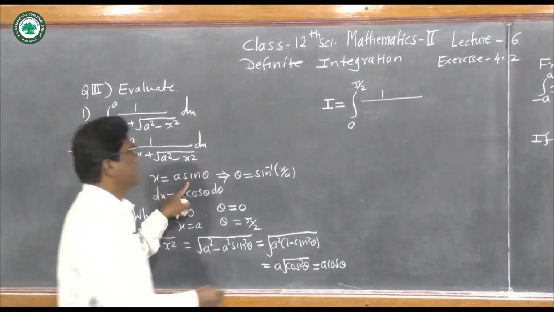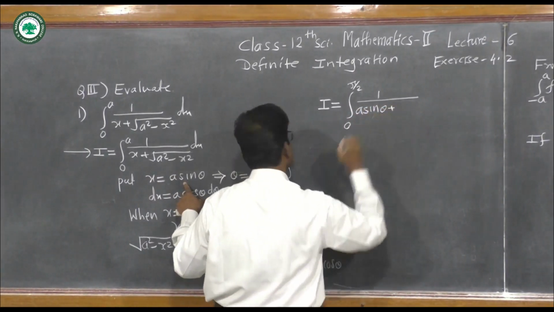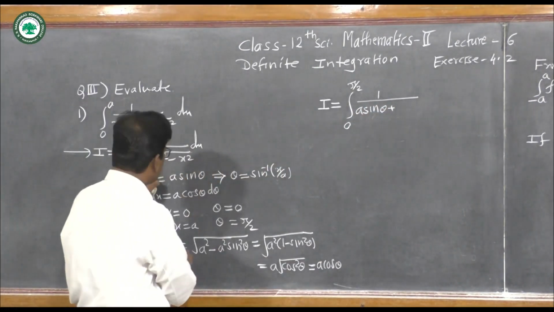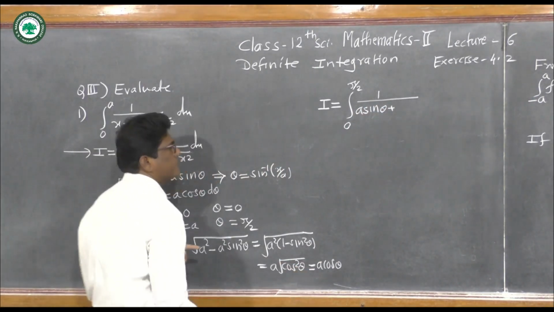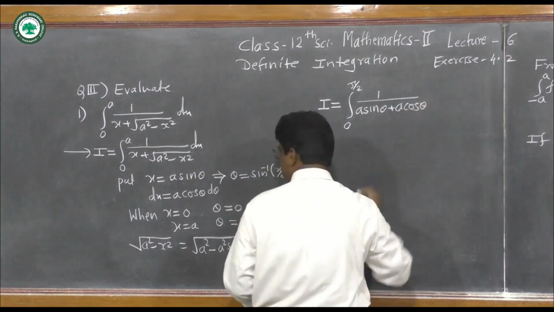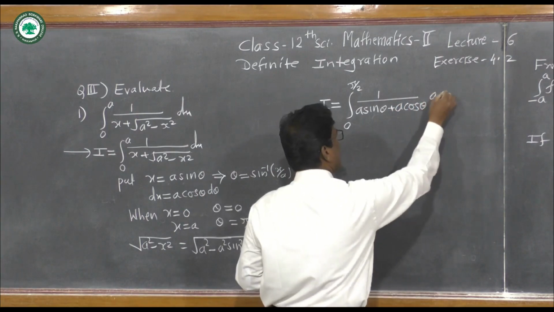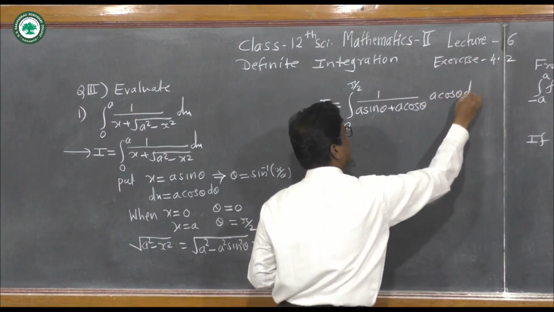X is a sin theta, so a sin theta plus under root of a square minus x square, which we get as a cos theta. And dx is replaced by a cos theta d theta.